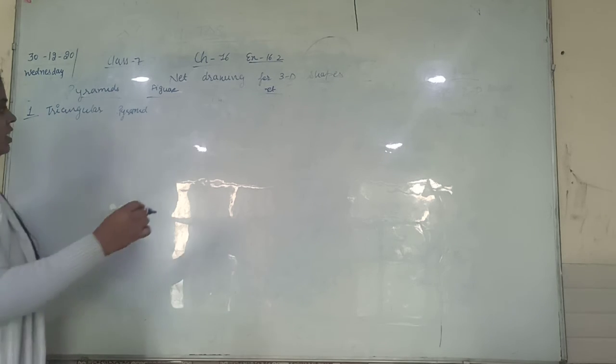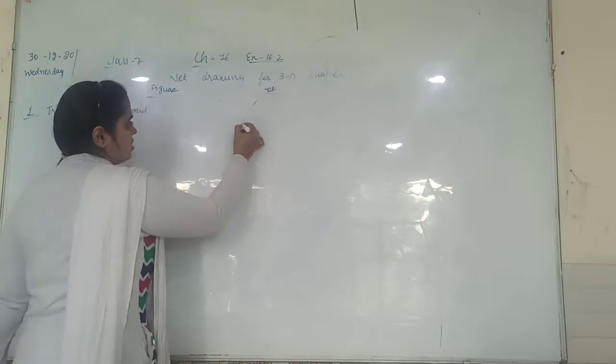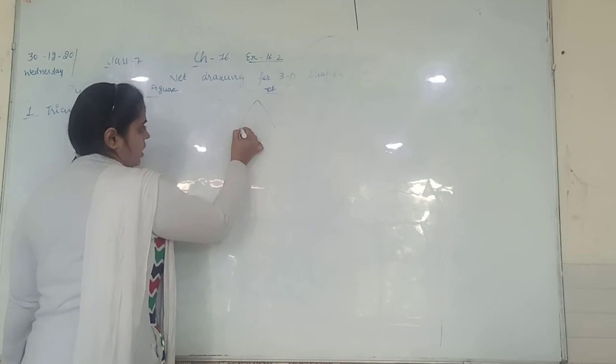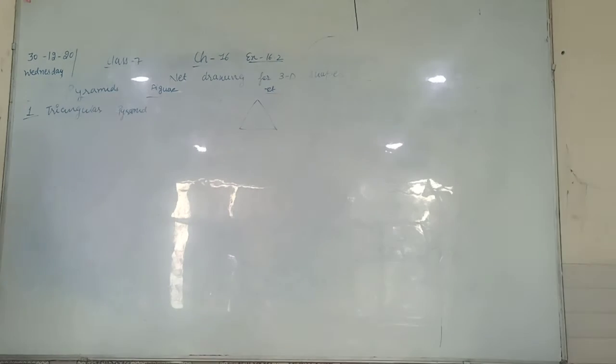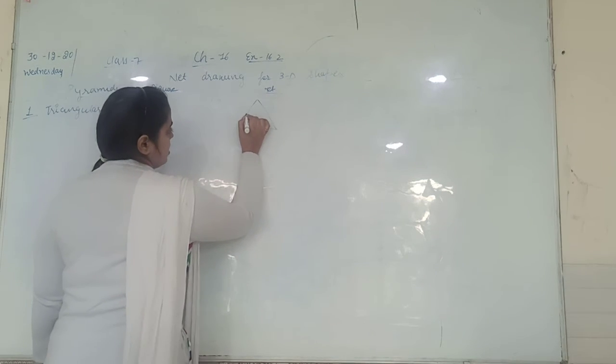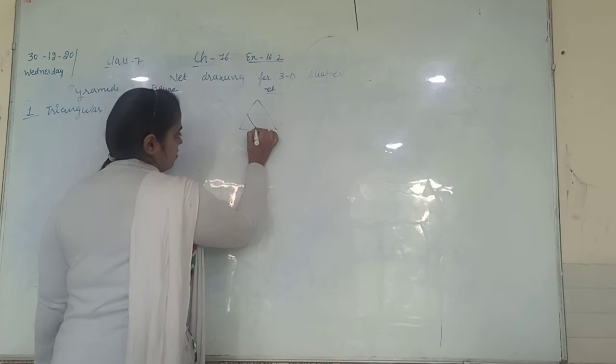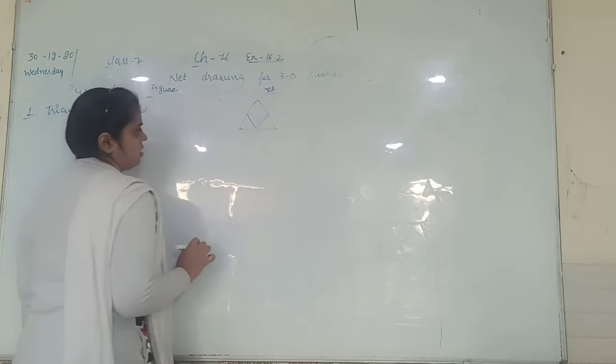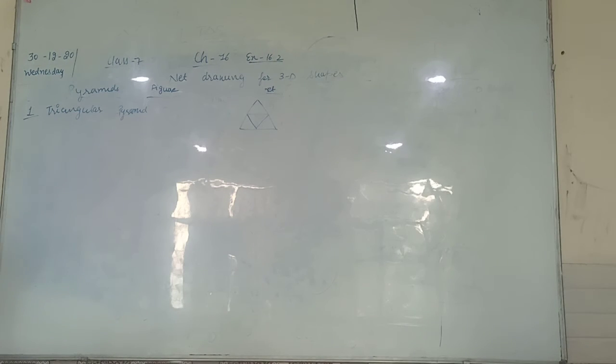The net of a triangular pyramid will be one simple triangle, and inside of it, one reverse triangle. Net of triangular pyramid is one straight triangle, and inside of that one opposite triangle. Right?